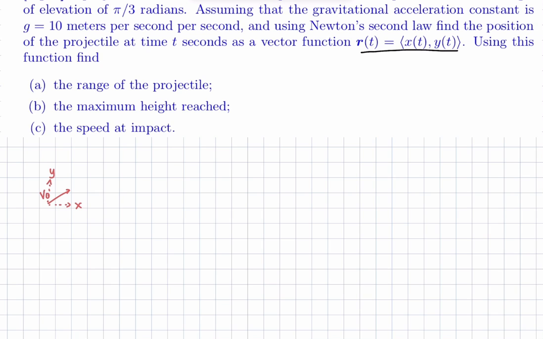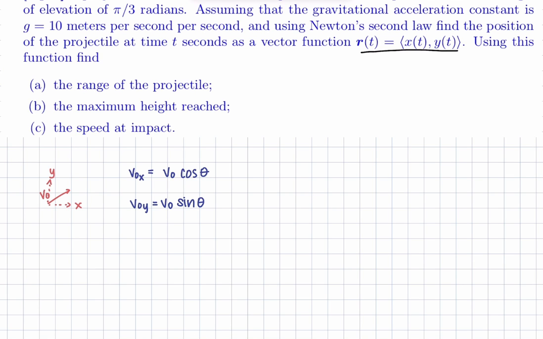To get the initial x component of velocity, we're going to use our formula, v naught cosine theta, and similarly for the y, it's going to be v naught sine theta, because this is in the y direction.